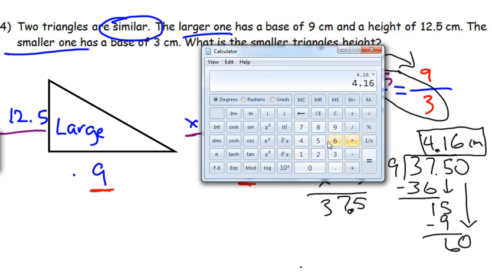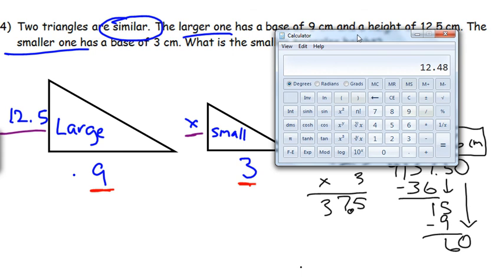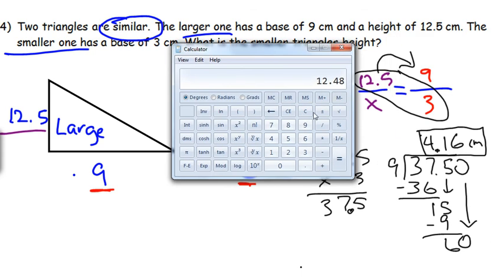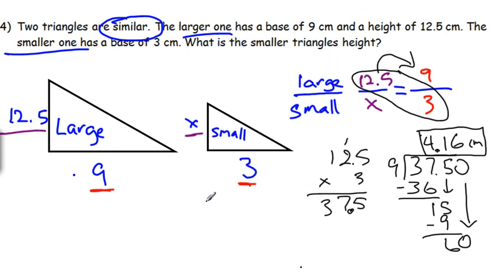If we do that times 3, we get 12.48. And obviously we're not going to get it exactly because we didn't go through all the decimal places here, but we see that that's relatively the same. So if you picked that up, that's very good intuition on your part. If you understood this, that works too. As long as you're getting something out of it.